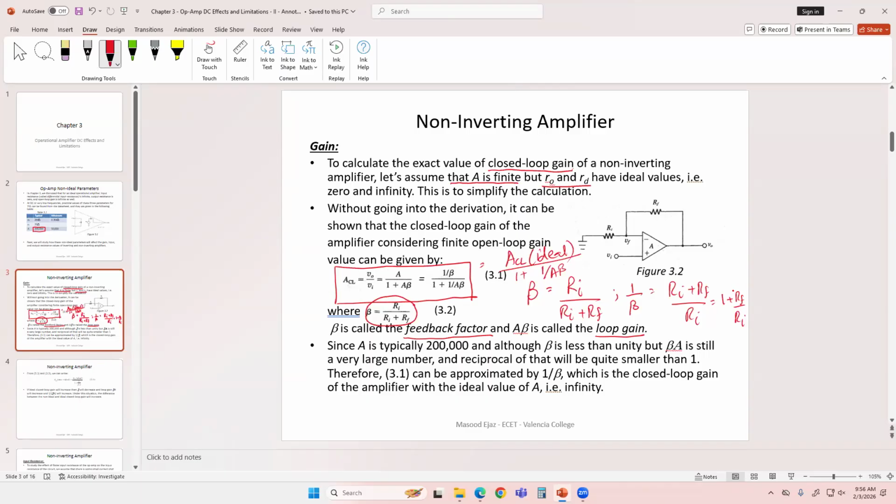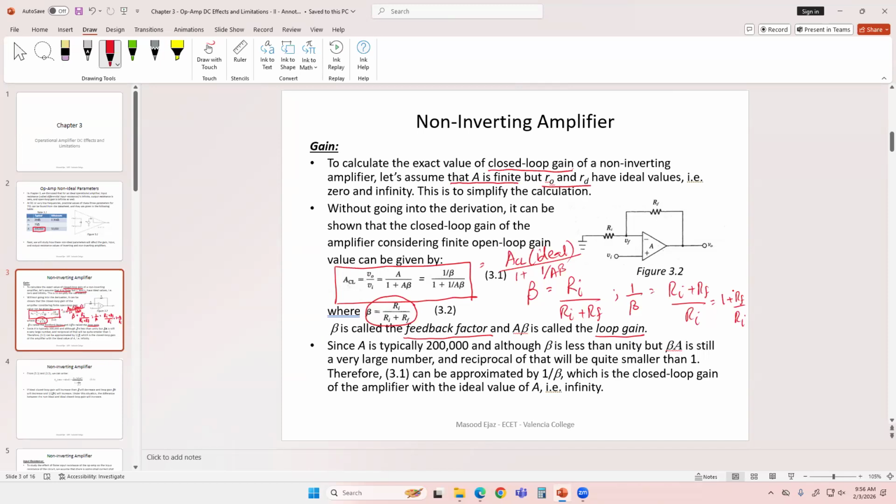Based upon the values of Ri and Rf, it's always going to be less than 1. But since A is still 200,000, even if it is less than 1, it's still going to give you a very large value, right? So far we are using R input, let's say 1K, like in the quiz we use 1K, Rf 9K, or 2K or 20K, whatever. So beta will still be close to 1, 0.9, 0.8.